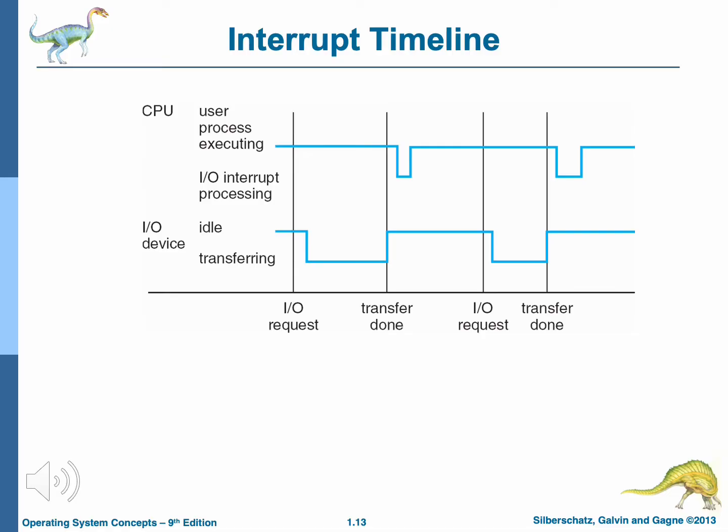When the CPU is interrupted, it stops what it is doing and immediately transfers execution to a fixed location. The fixed location usually contains the starting address where the service routine for the interrupt is located. The interrupt service routine executes. On completion, the CPU resumes the interrupted computation. A timeline of this operation is shown in the given figure.